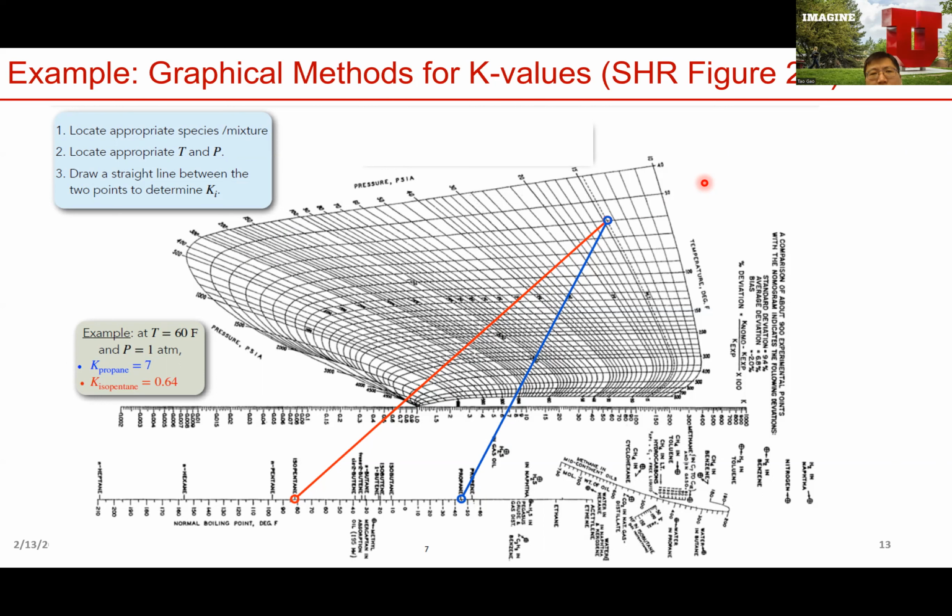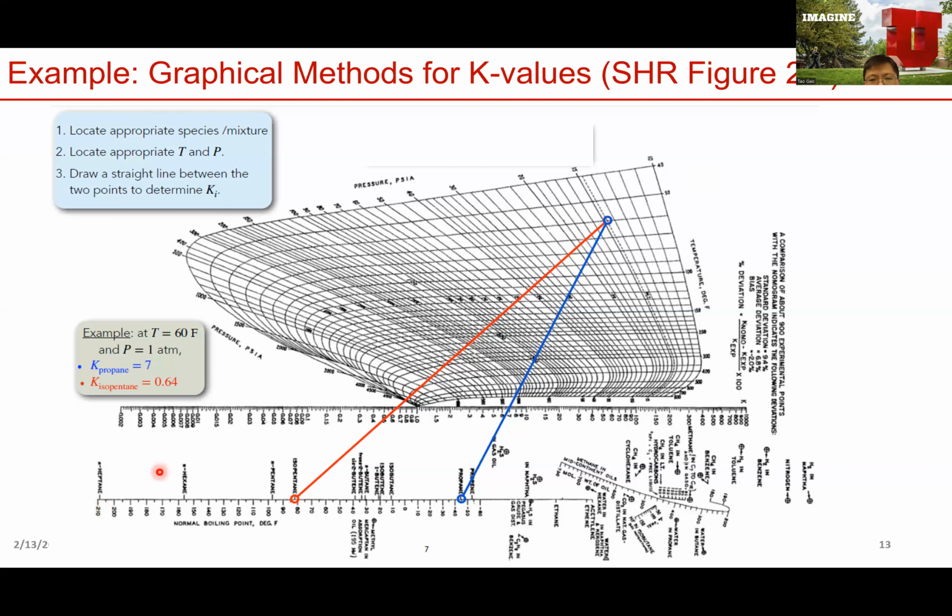Let's see, how do we read and use this figure? First of all, there are several axes in this figure, and if we look from the bottom to the top, the bottom one is the normal boiling point axis, right? With the unit in degrees Fahrenheit, and so this gives us the different chemical species with different boiling temperatures from low to high.